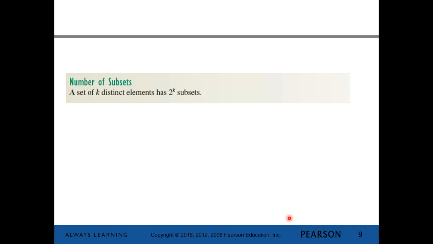You have 2, 2, 2, 2, and 2. The fundamental counting principle says we just multiply those numbers together. That's where we get 2 to the k, because for subsets it's always going to be the same: 2 to the k power, where k represents the number of distinct elements in the set. And the key word is distinct elements. We're not going to count repeats.